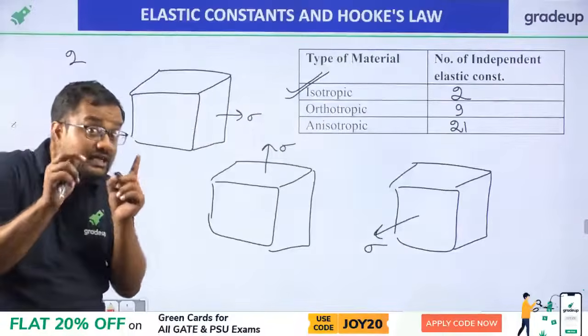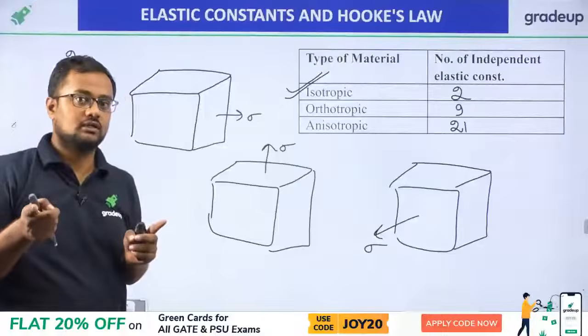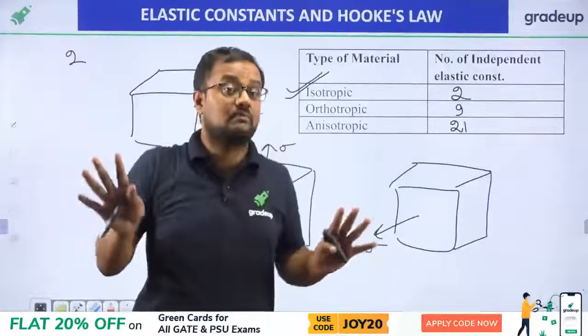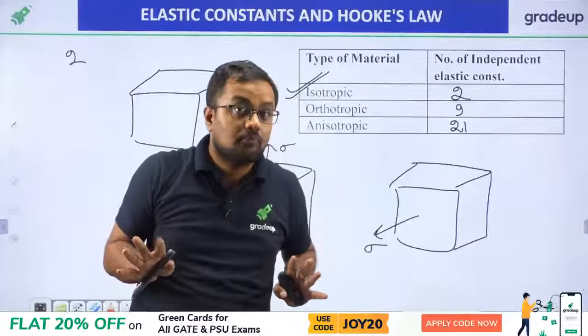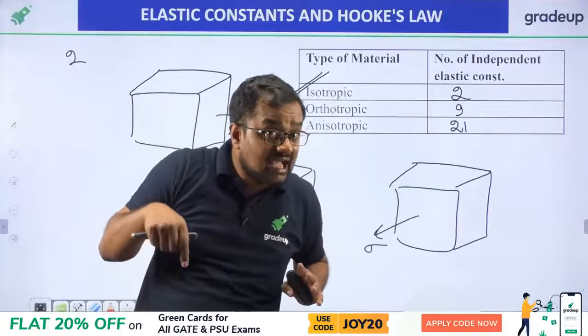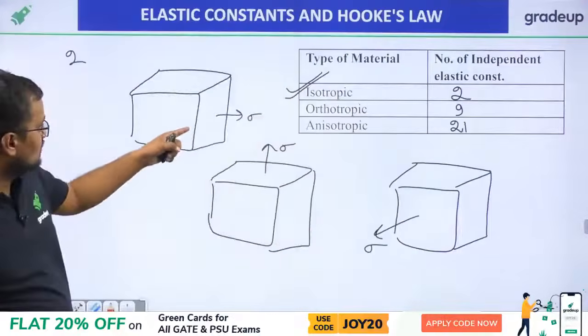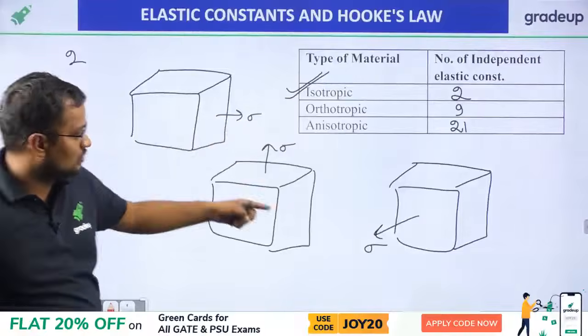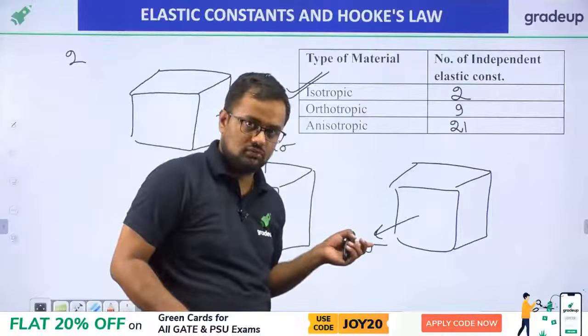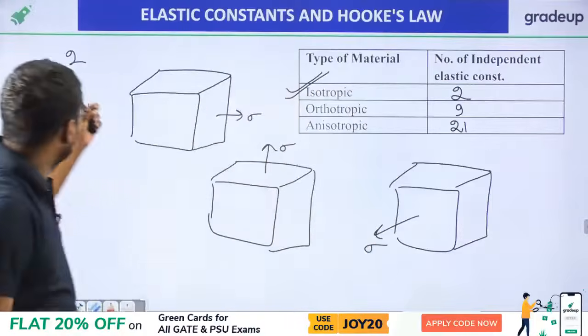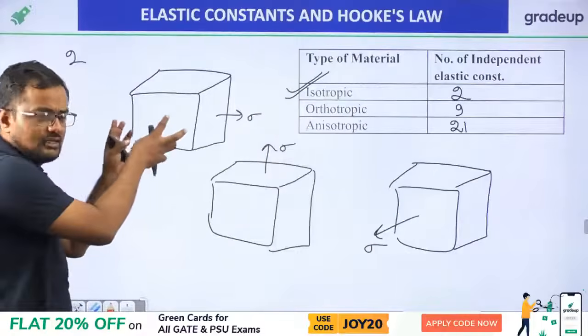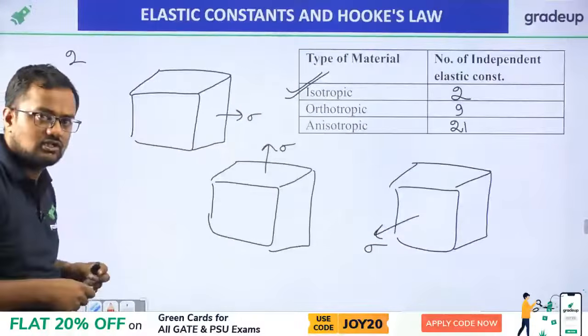Then if the material is isotropic, in isotropic material properties in any direction are the same, therefore this strain will be 2, this strain will be 2 and this strain will be 2. Because the property is the same. Suppose this is a small point and I am enlarging it and showing it as a cube.